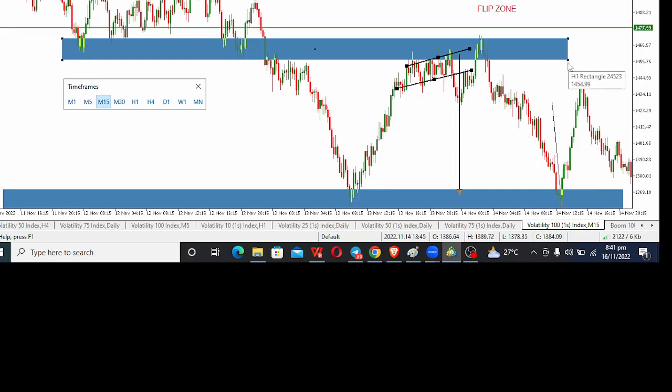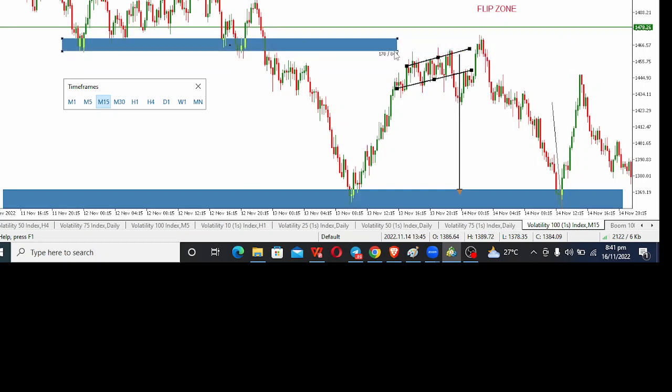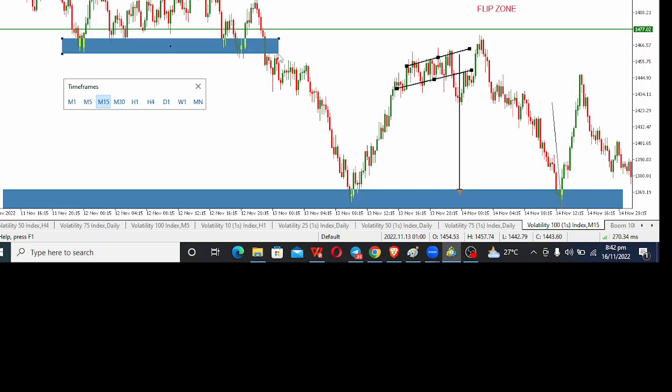Let me put this back here. You see, this whole area was once a support. If you are taking this and then this into consideration, this would be a resistance and then this would be a support. But once it gets broken, if support gets broken, it becomes a resistance, and if resistance gets broken, it becomes a support.